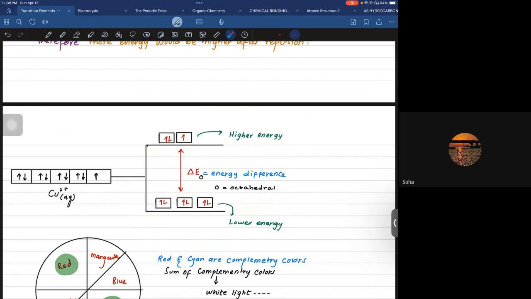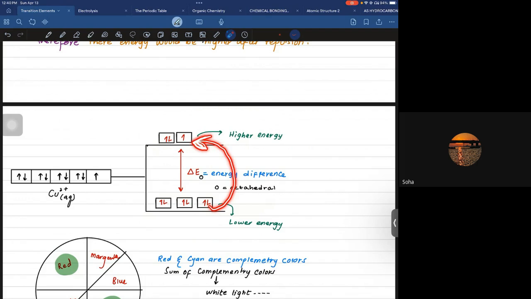When light strikes the solution, let's suppose we have copper sulfate, which is of blue color, an electron absorbs an amount of energy and would excite to the higher energy level.